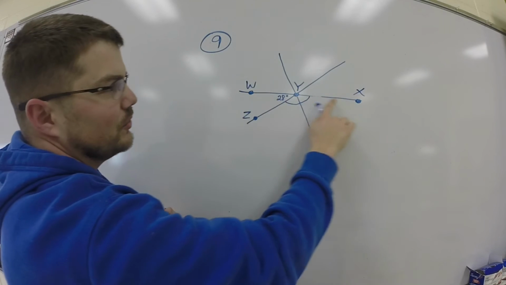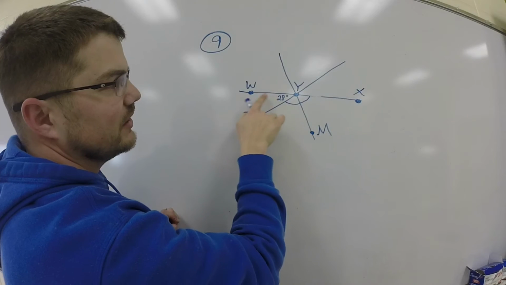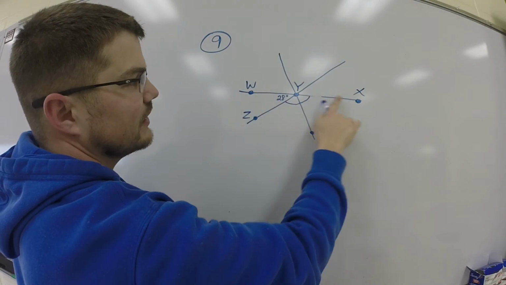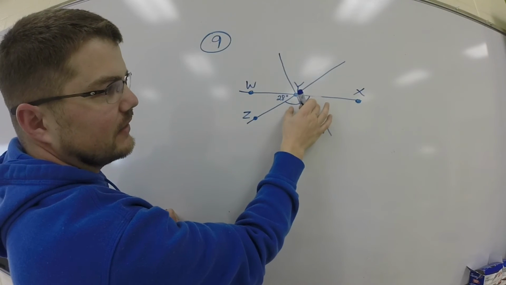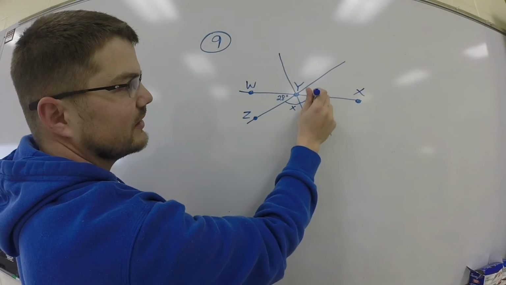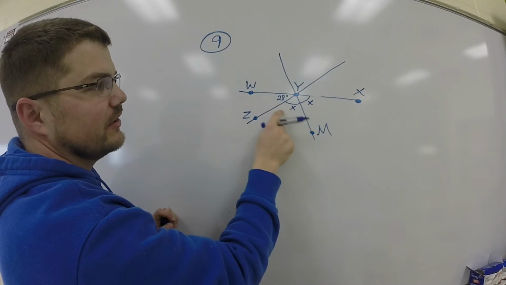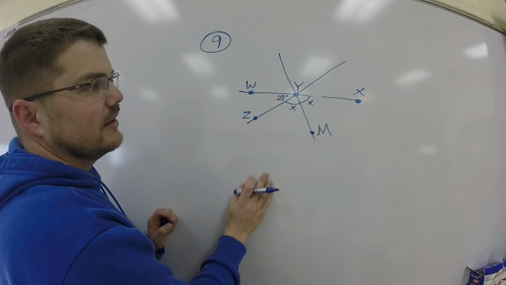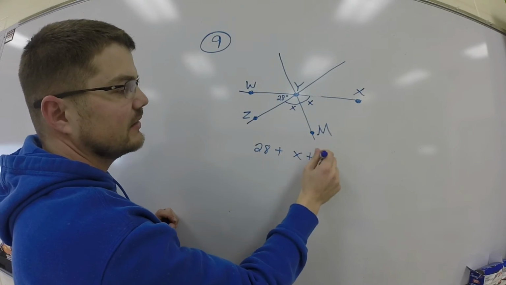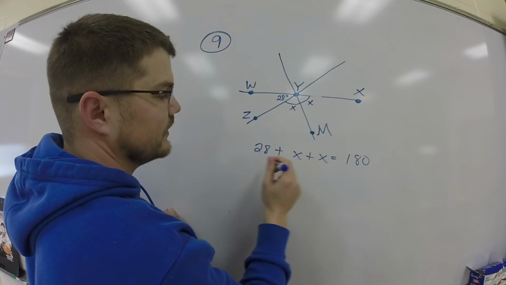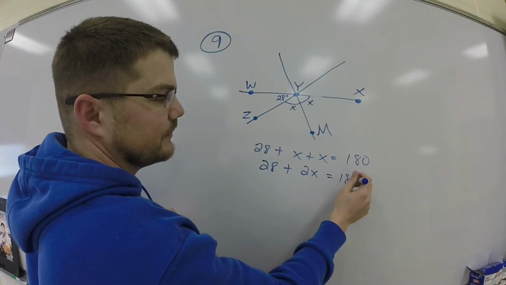So what you need to know, you have 3 angles that are supplementary. They're on a straight line. And so we have 28 degrees is one of the angles, and I know that these 2 angles, we'll just call them X, they're the exact same measure. And so if I add all 3 angles together, they're supplementary, they'll equal 180. So that's 28 plus 2X equals 180.